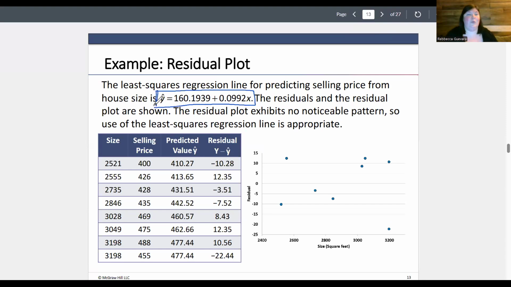It's y hat equals 160.1939 plus 0.0992x. The residuals and the residual plot are shown. So these are my residuals. All I did was plot my x against the residuals.